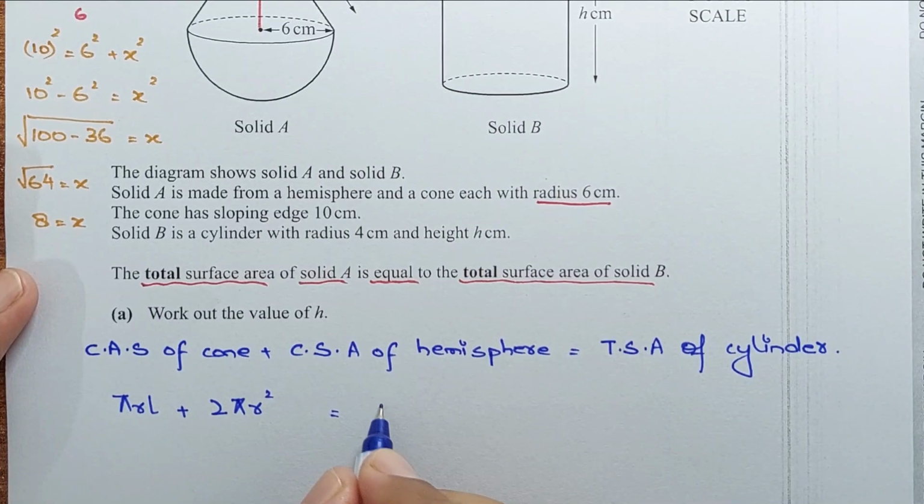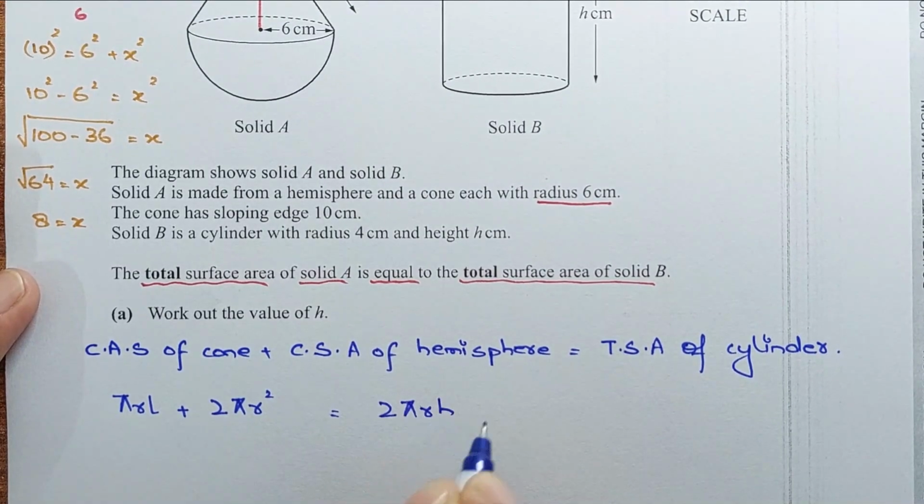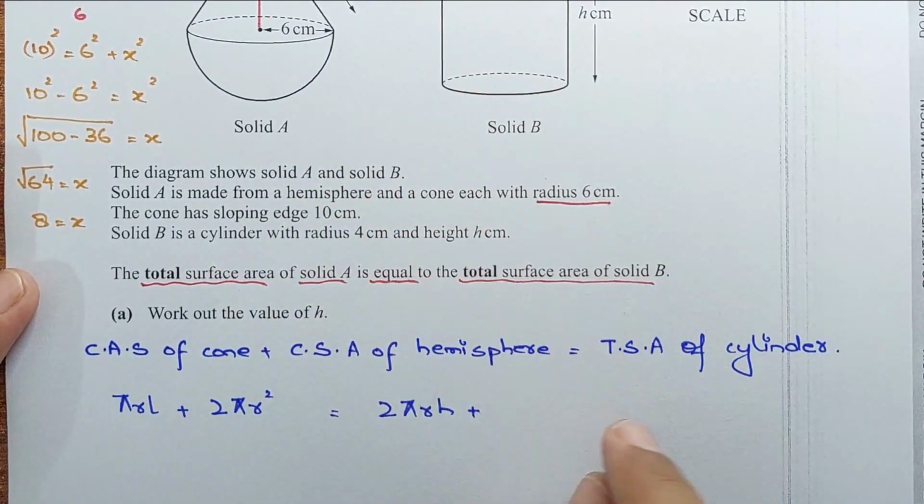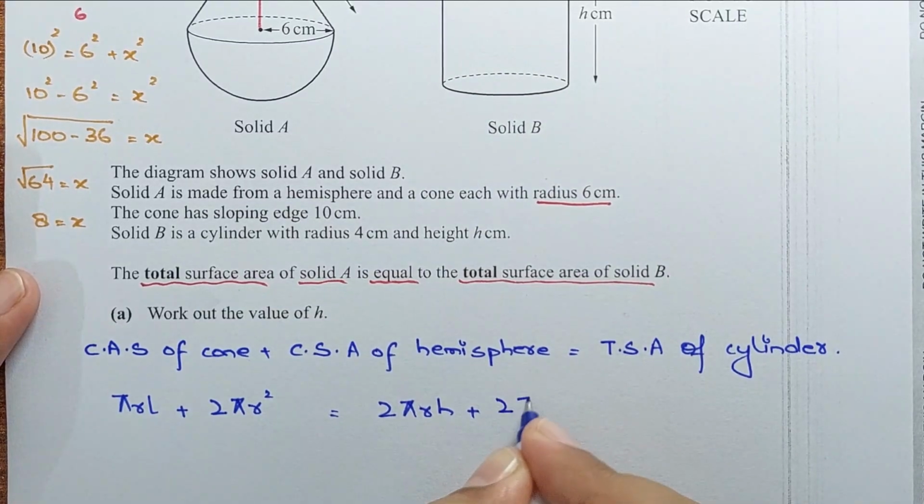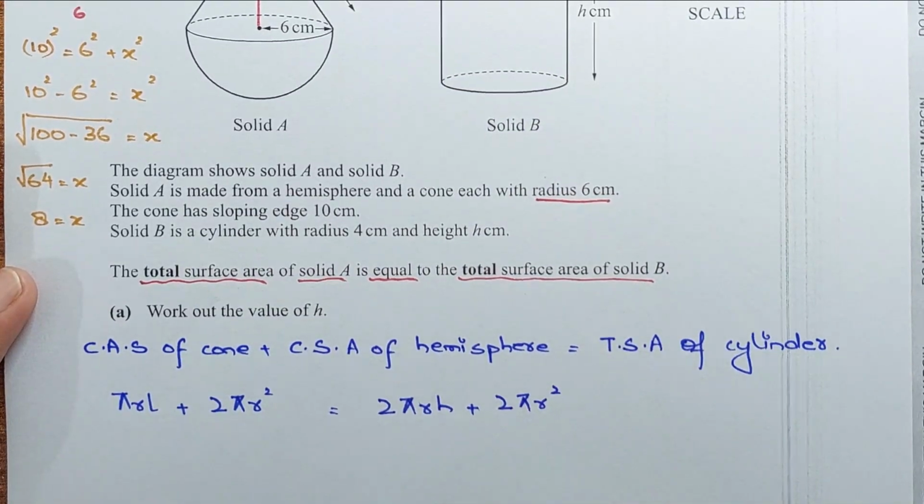The curved surface area of a cylinder is 2 pi r h, and the top and bottom circles are pi r squared each, so 2 pi r squared.